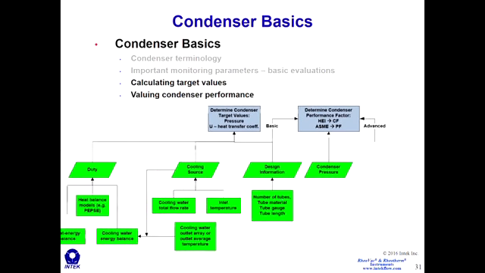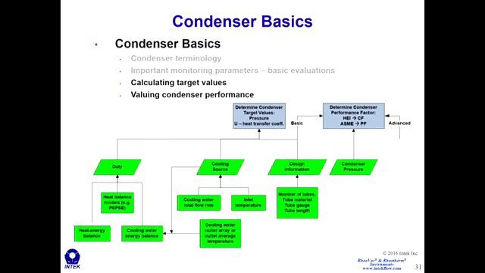So let's take a look at the basic evaluation side of things. We need duty, cooling source information, design information, and condenser pressure to calculate our heat transfer coefficient and our cleanliness factor.